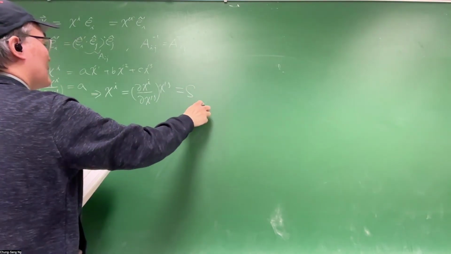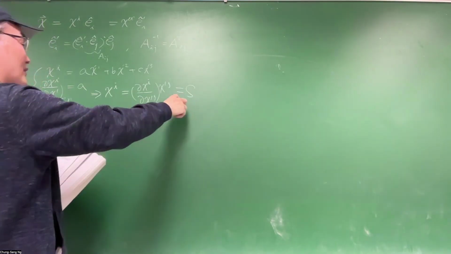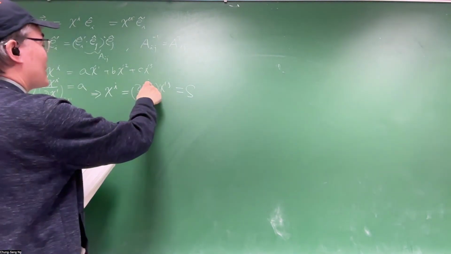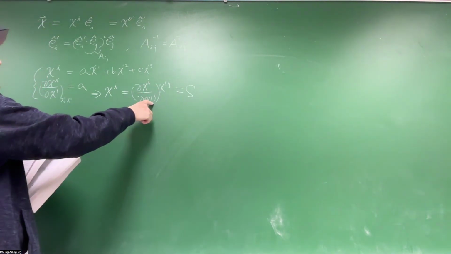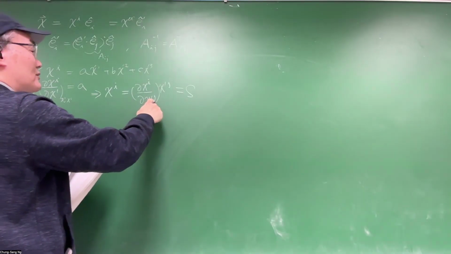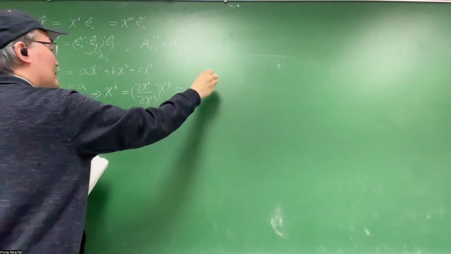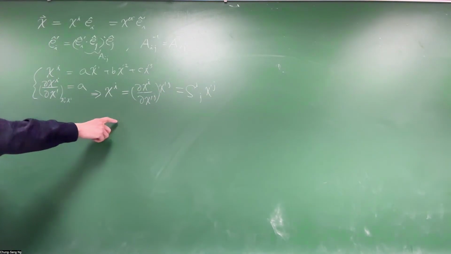But again, the textbook is not very consistent with the superscripts and subscripts, because this is a superscript, this is also a superscript, but it's in the denominator, so it should be treated as a subscript. So S i j. But this is like a matrix, right? If you write all the components together, this is a 3 by 3 matrix.